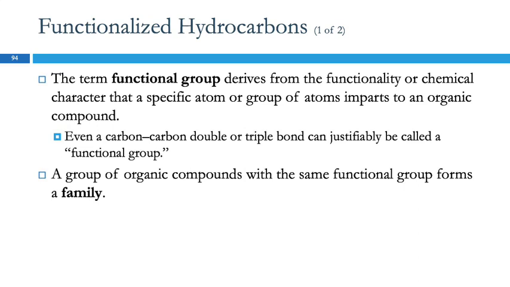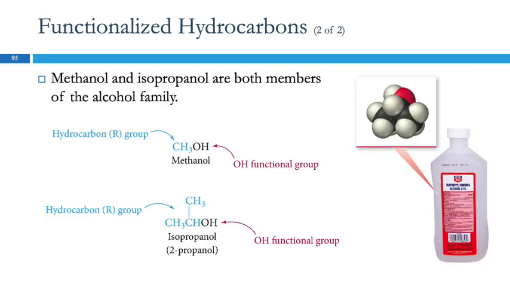The functional group comes from the special character that specific atoms or groups of atoms give to the organic compound. And so we can form groups of organic compounds that have the same functional group, and those are families.